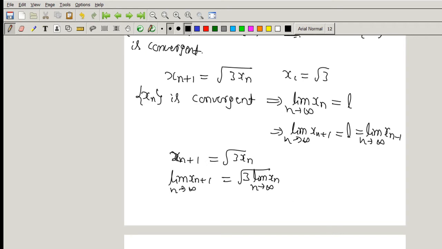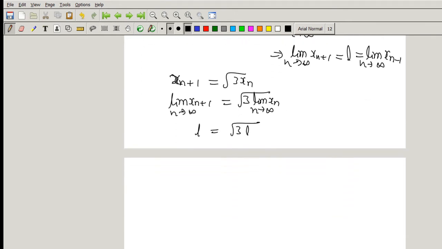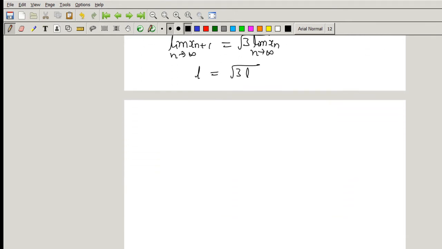Since the given sequence is convergent, limit of xn is L and limit of x(n+1) is also L. So L is equal to root of 3 into L.